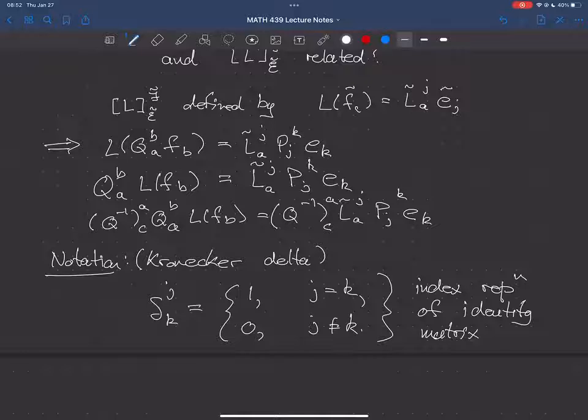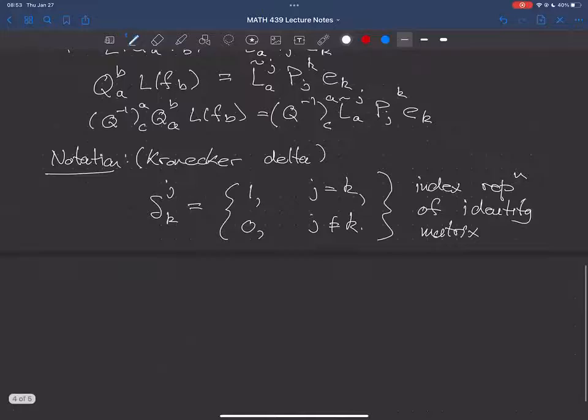So the point is now, when I do this multiplication here, I'm going to get this. This whole thing is simply going to be, remember, A here is being summed over, so this is going to be delta BC. So I get delta BC L of FB is equal to, okay, so nothing over here changes.